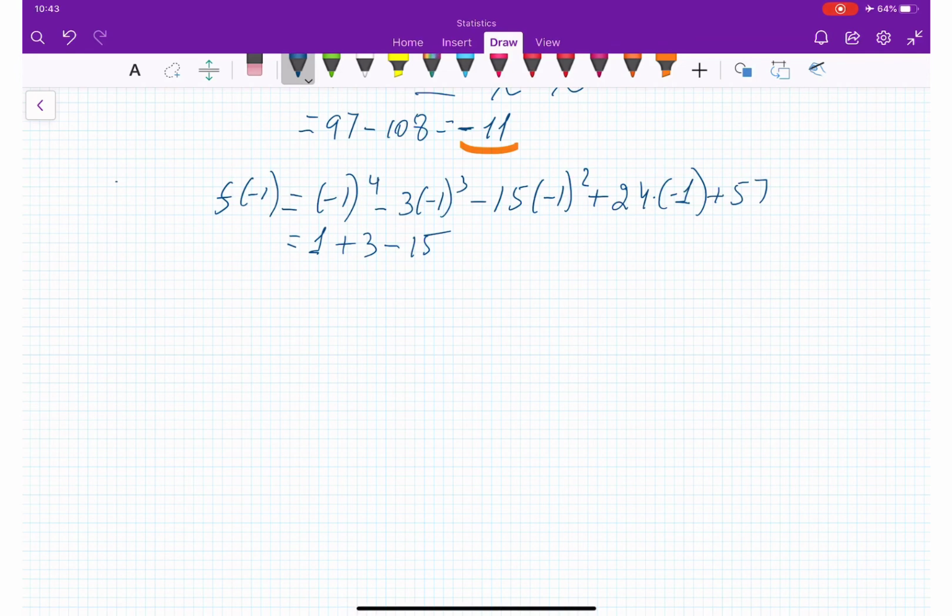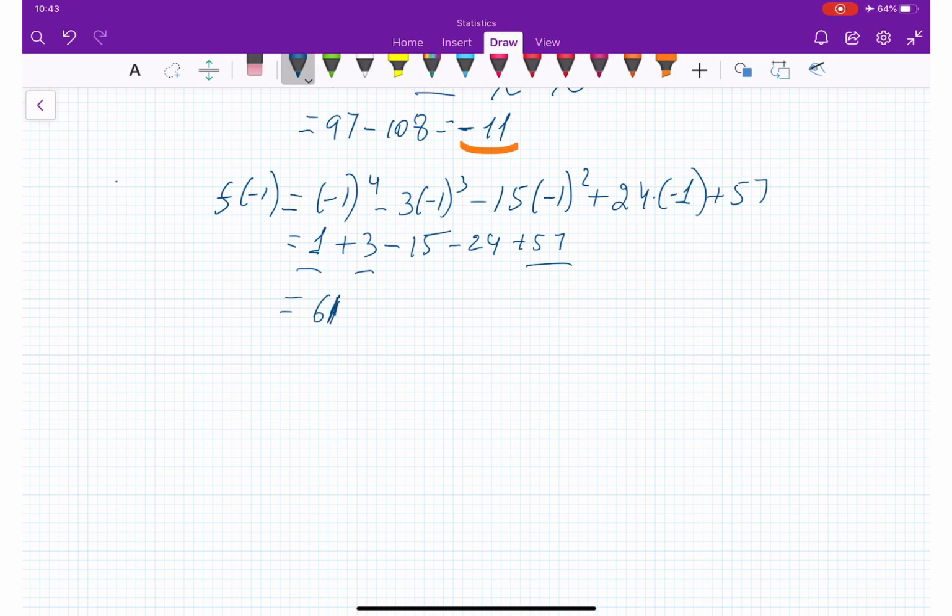Okay, next. 24 times negative 1 is going to be negative 24, and then plus 57. So what do we get? 1 and 3 and 57. So 1 plus 3 is 4, 4 plus 57 is going to be 61.